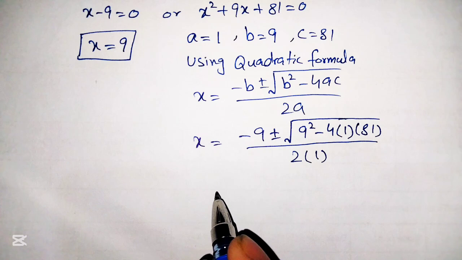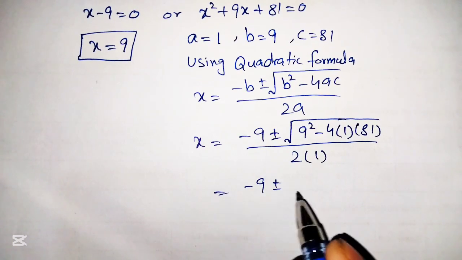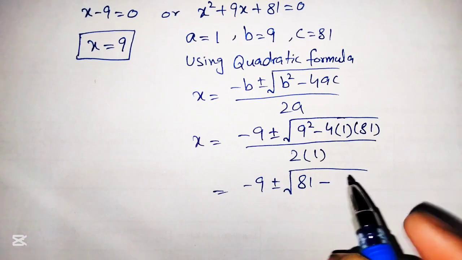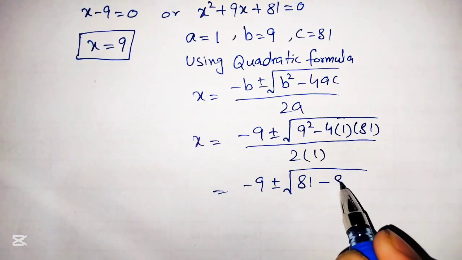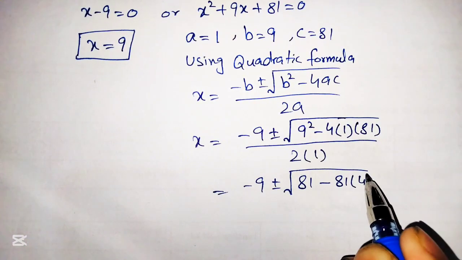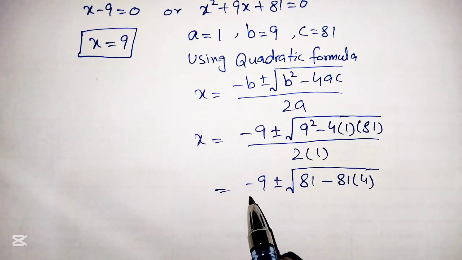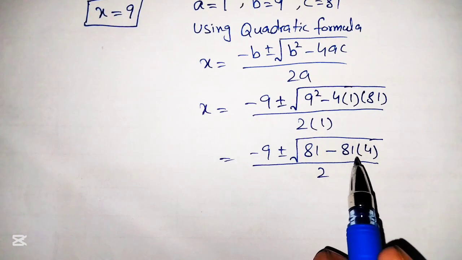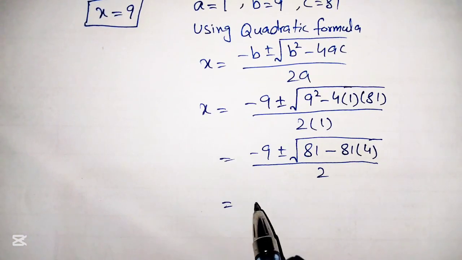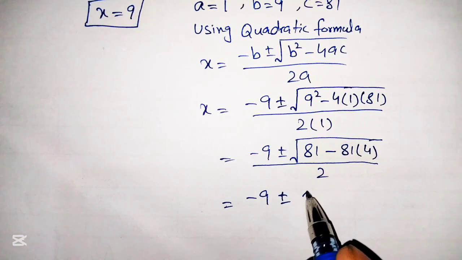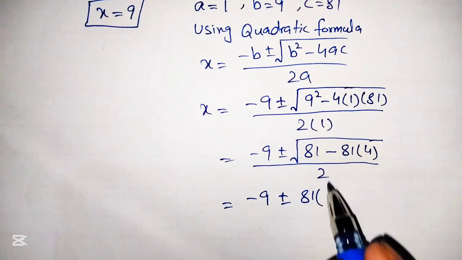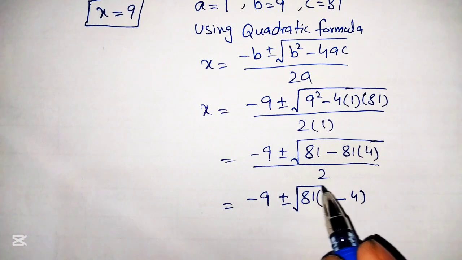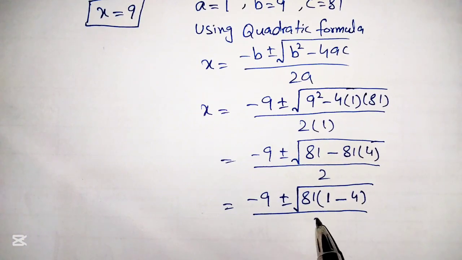Now simplifying this, we will get minus 9 plus minus, inside the square root, 9 square is equal to 81, minus 81 times 1 is 81, times 4. We write it this way to solve it easily. Now we can take 81 common from inside the square root, and we will get minus 9 plus minus square root of 81 times (1 minus 4) over 2.